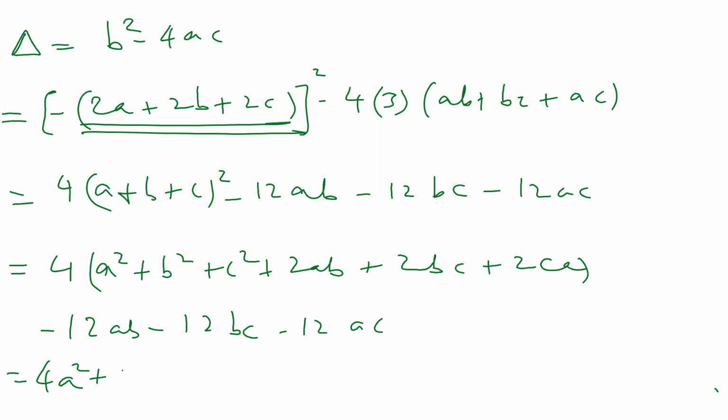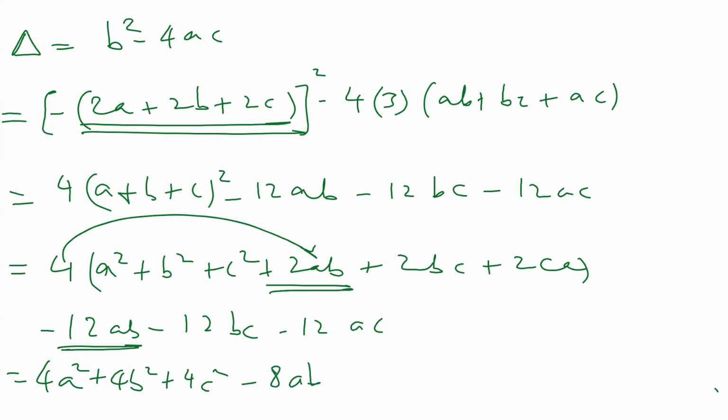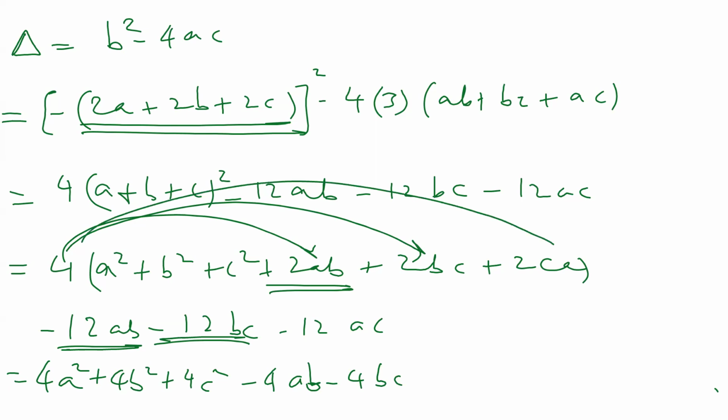So this is going to be 4a square plus 4b square plus 4c square. 4 into 2, 8. 8ab minus 12ab will be minus 4ab. Then 8bc minus 12bc will be minus 4bc. And the last one will be 8ca minus 12ca will be minus 4ca or ac, right?